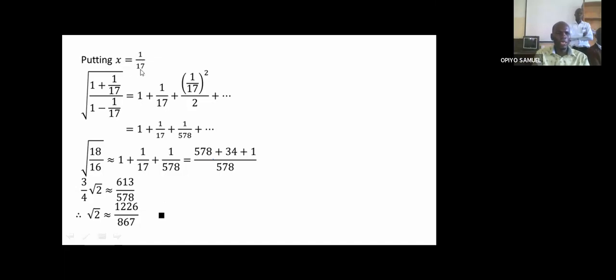So when we put x equals 1 out of 17, this is now 1 plus 1 out of 17 divided by 1 minus 1 out of 17 equals, on the right hand side, we also substitute for the value of x. So we get 1 plus 1 out of 17 plus 1 over 17 squared divided by 2 plus other terms.